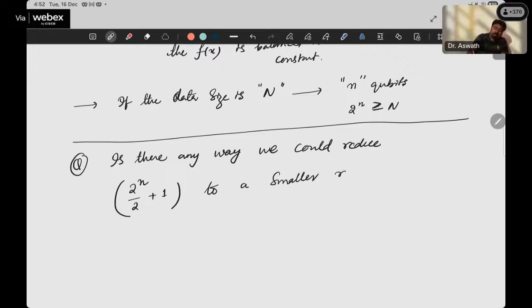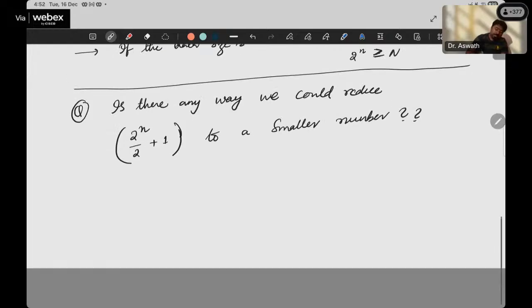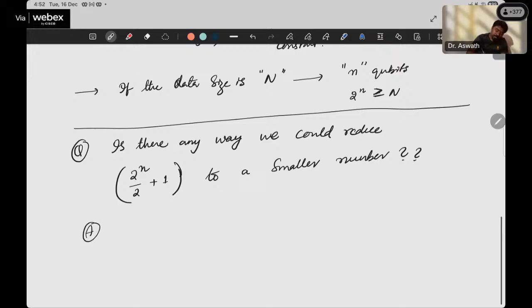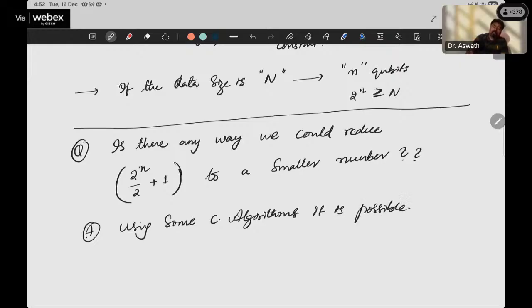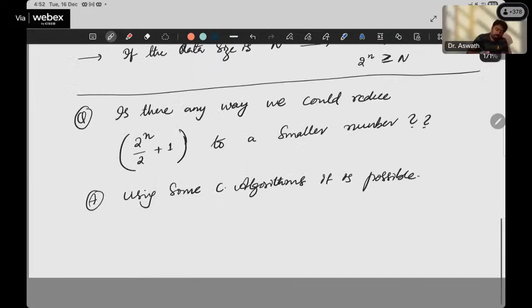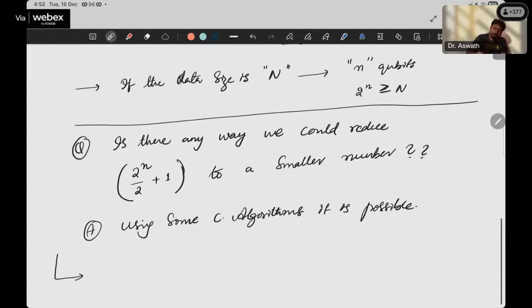Of course, there is a possibility you can reduce this number to a much smaller one using some classical algorithms. It is possible.